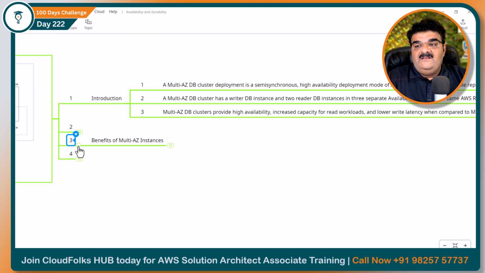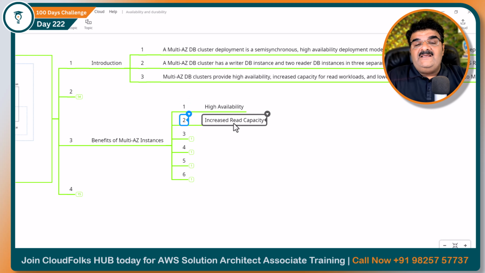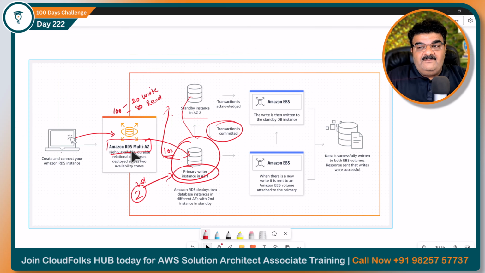Now, let's talk about the benefits of multi-AZ DB cluster. The first one is high availability. That we have in multi-AZ as well. Increased read capacity. Now, this is the one point. If we are talking about Amazon RDS multi-AZ, it is not going to provide us a performance benefit.